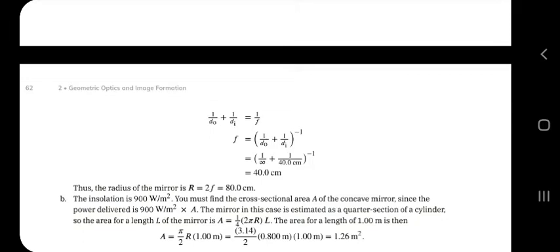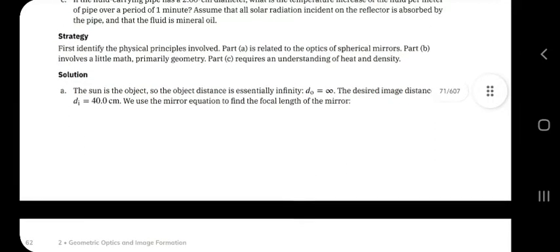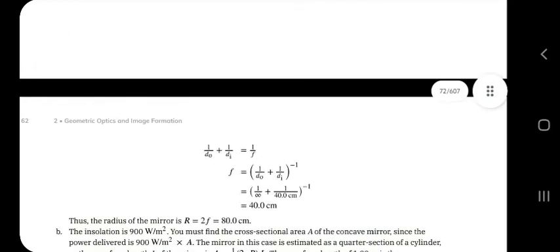Since the object distance is equal to infinity, 1 over infinity goes to zero. Sorry, I cannot draw this. Then the image distance is 40 cm.